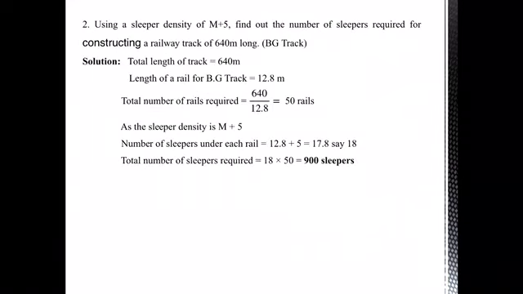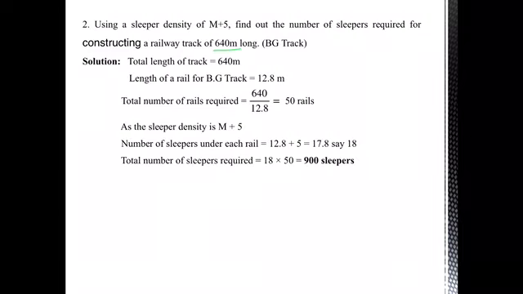Another example: the sleeper density expression is given, and we have to find out the number of sleepers required for constructing a railway track of 640 meters. They have given the length of the track as 640 meters.